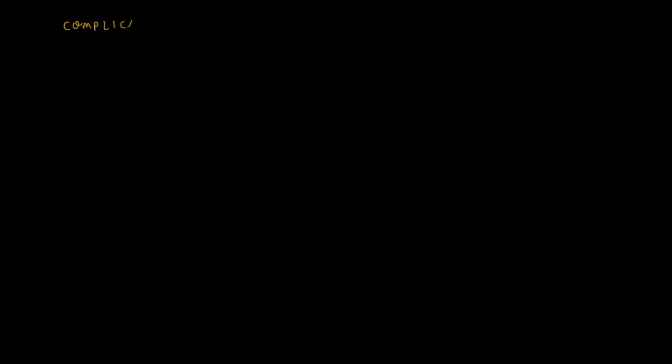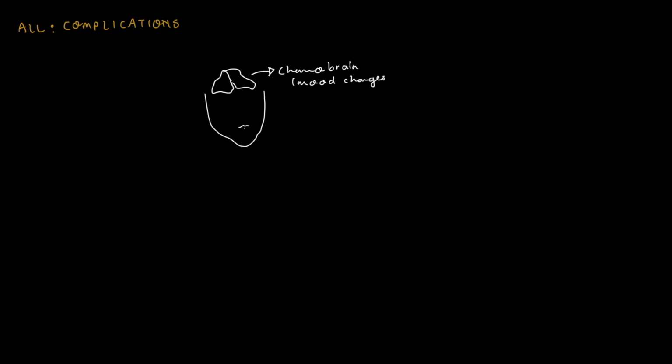There can be some complications after treatment with chemotherapy in acute lymphoblastic leukemia. The first one is chemo brain, also described by patients as mood changes. Also, there can be ulcers or mucositis. This is because chemotherapy agents affect rapidly dividing cells.